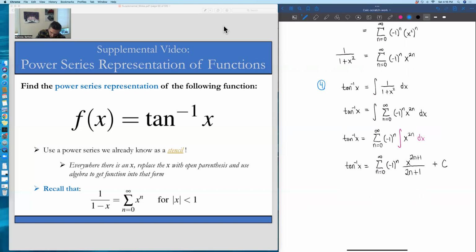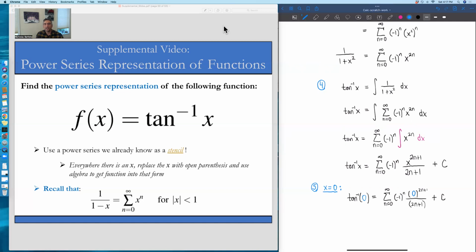So the last step that we can do is try to figure out what that integration constant actually needs to be. And for us, we can try evaluating both sides at x equals 0. So we'll have the arctangent evaluated at 0, and inside of that power series representation, we'll also evaluate it at 0. And again, what we're looking for is the value of that integration constant.